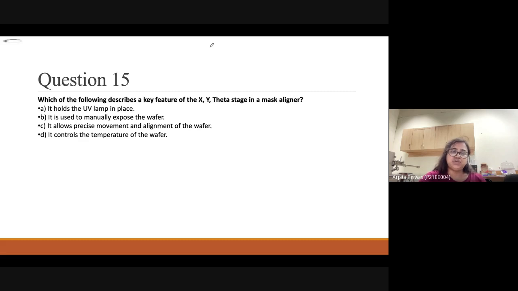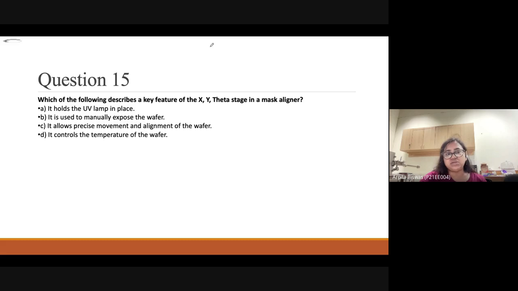So next is question number 15. Which of the following describes a key feature of the XY theta stage in a mask aligner? First, it holds the UV lamp in place. Second, it is used to manually expose the wafer. Third, it allows the precise movement and alignment of the wafer.